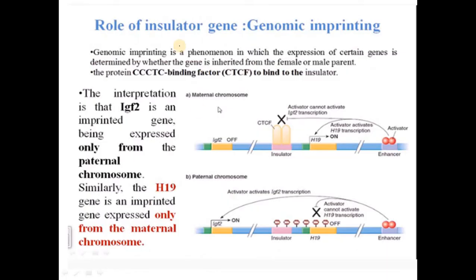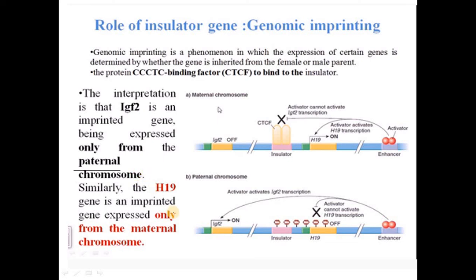Here one important gene is known as IGF2. This gene is specifically an imprinted gene, specific only to the paternal component, so it is expressed only from the paternal chromosome.